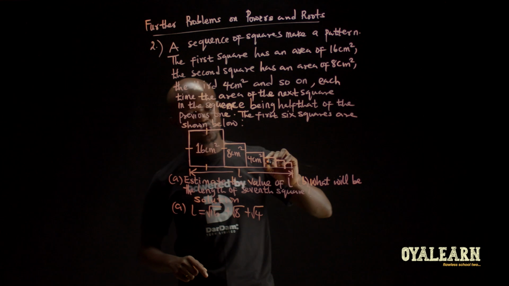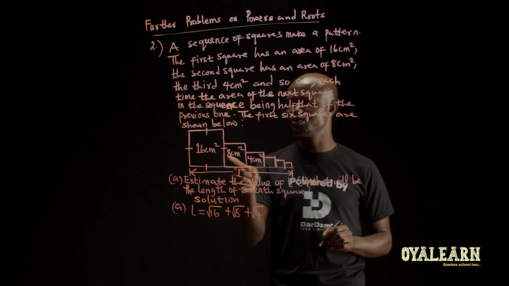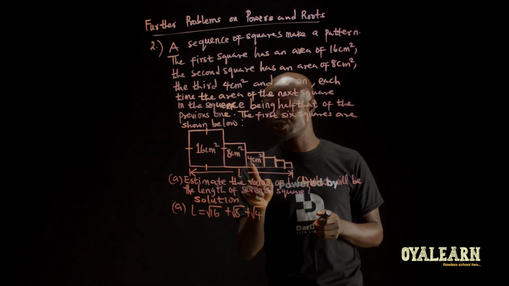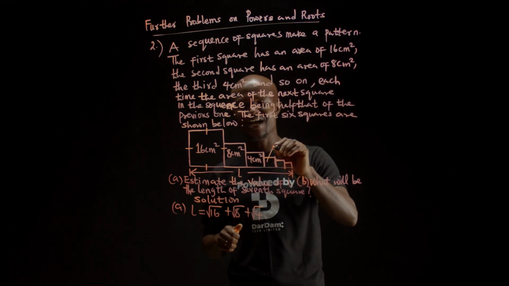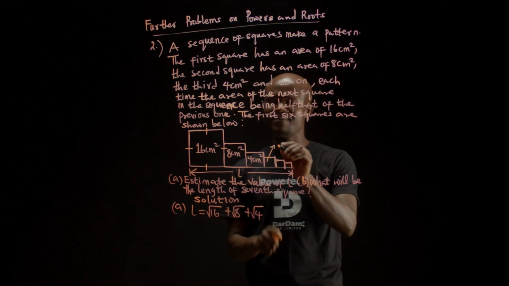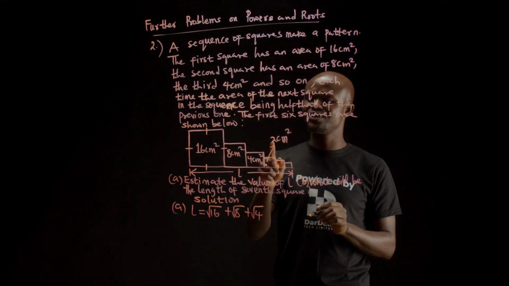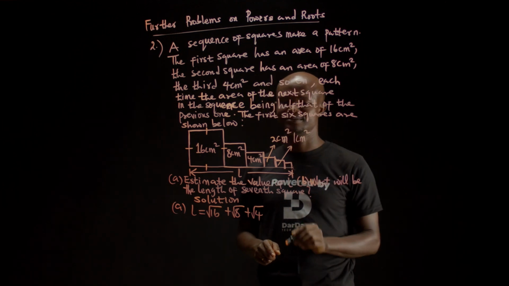Now to get the next one, you can see, if you divide 16 by 2, you get 8. Then, when you divide 8 by 2, you get what? 4. So to get the next one, the area of this will be 4 divided by 2, which gives us 2 centimeters square. Then, if you divide this by 2 again, what will you have? 1 centimeter square.